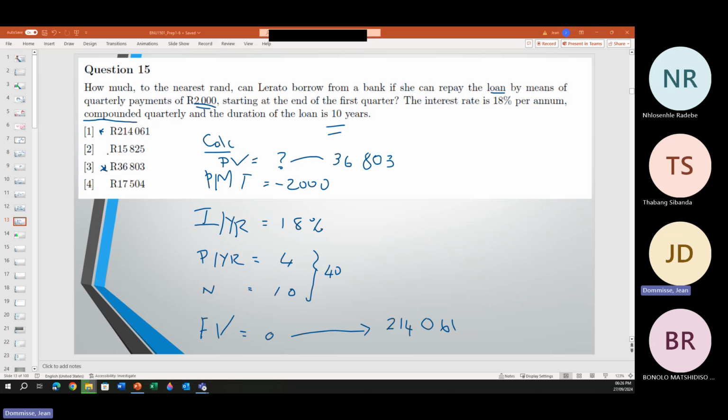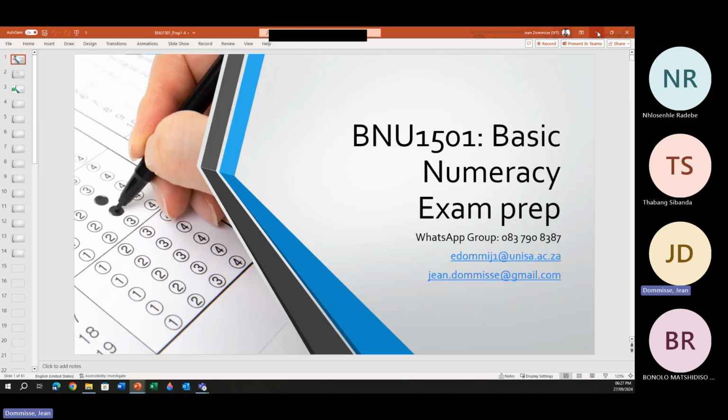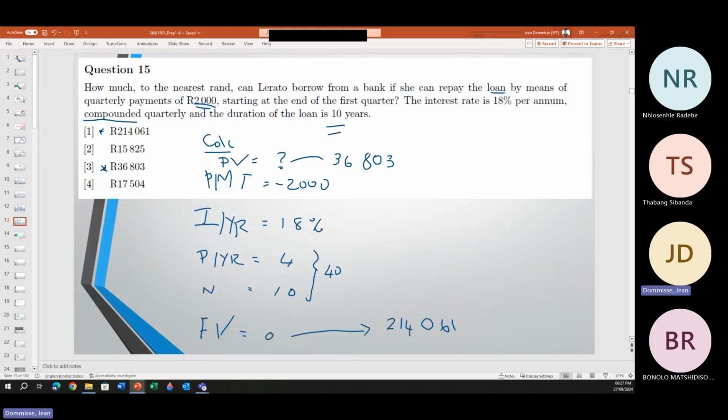Okay, so what would you guys have said? Do we work out present value? Do we work out future value? What would you have worked out? Because this is an important one.